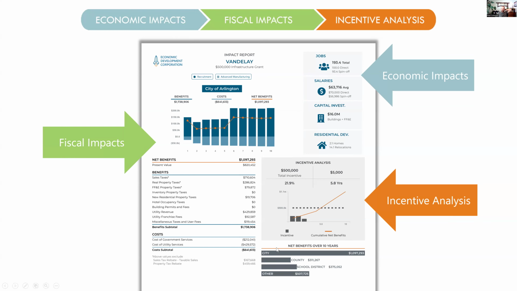The next step is that we translate those economic impacts into fiscal impacts. As a screenshot, we're showing a graph over a period of 10 years of the additional revenues, like new tax revenues and so forth for the city, so those benefits. And then we're also estimating some costs.